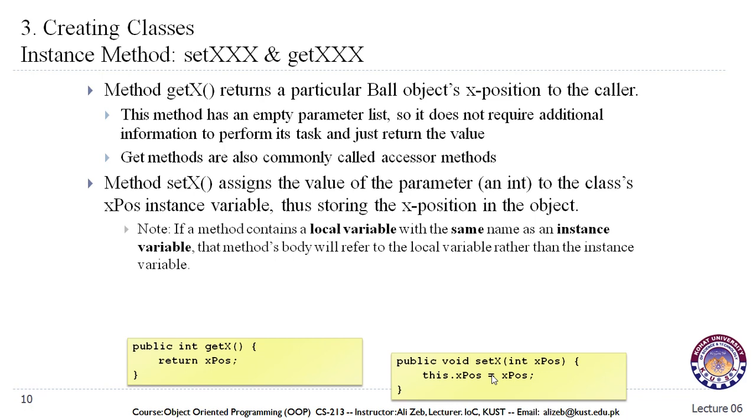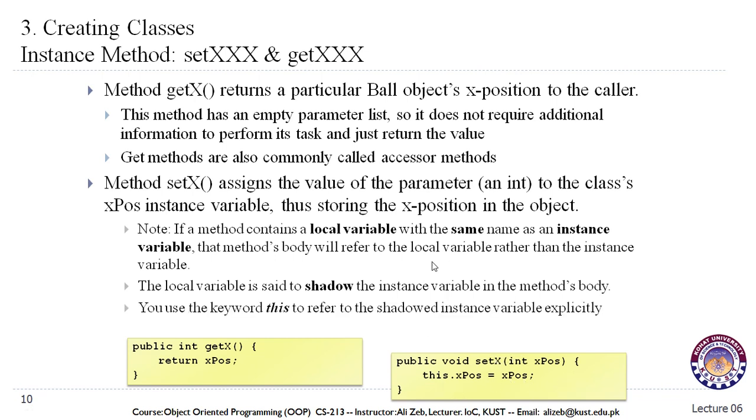We can avoid this kind of situation using this keyword, since the local variable shadows the instance variable in the method's body. The variable xPosition, that is the parameter of the setX method, is the local variable, and this one is the instance variable that we declared in our class.